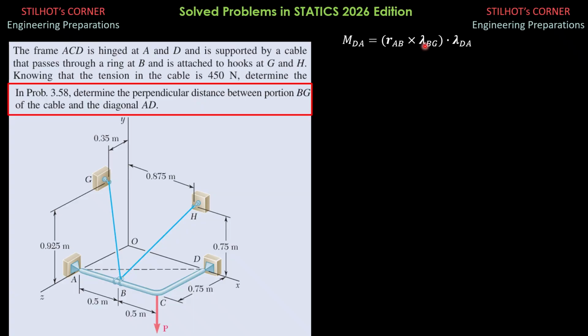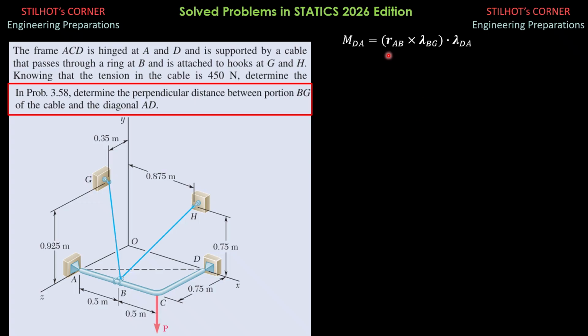So that's the force. But we have to express that by unit vector. RBG, on the other hand, is the position vector BG, also automatically the unit vector BG, if the magnitude of the force is 1 Newton. Then we dot that with the unit vector of axis DA because that's the definition.